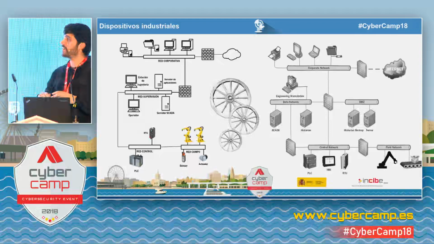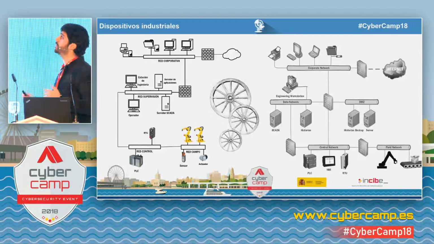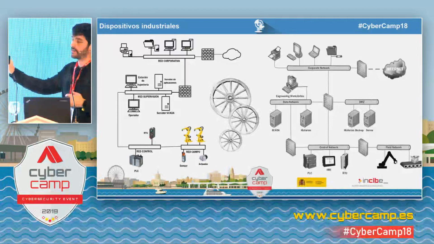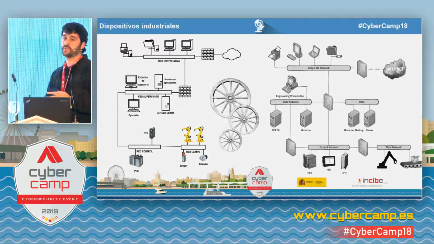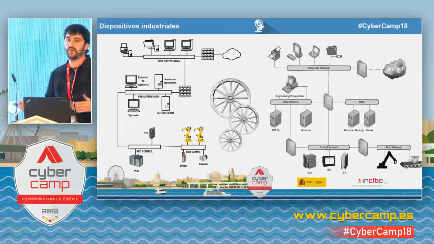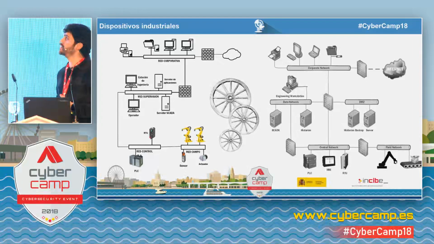You've seen the pyramid, and now at network level, we're going to see where every device is located. Perhaps you're used to a corporate network, where you can find many devices we have at home, for example, or right now, mobile phones, printers.